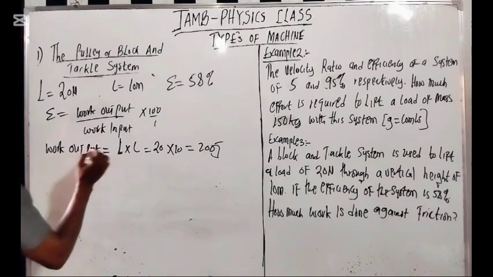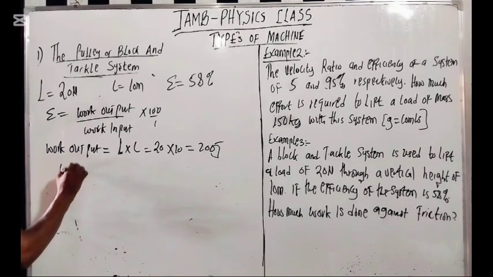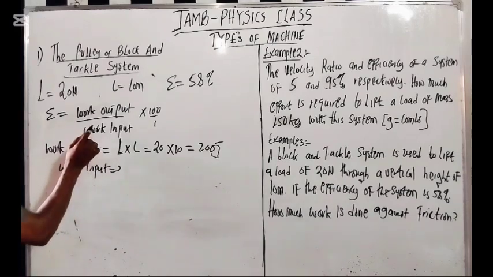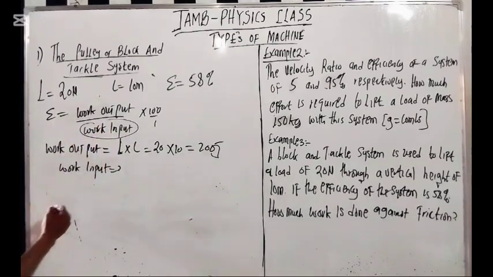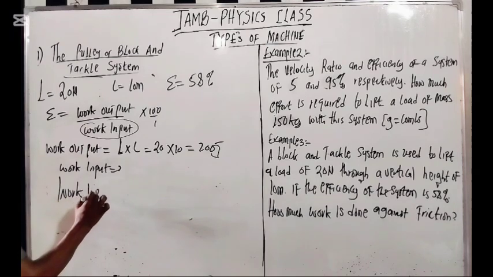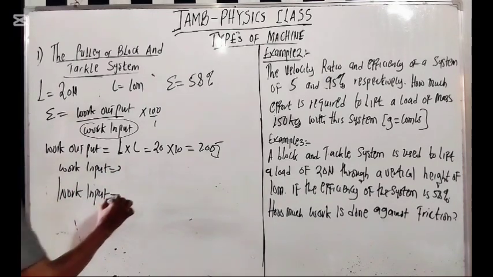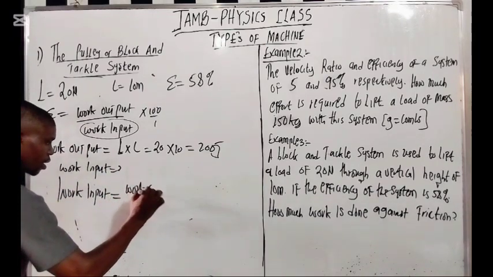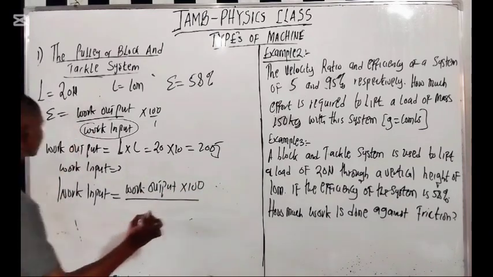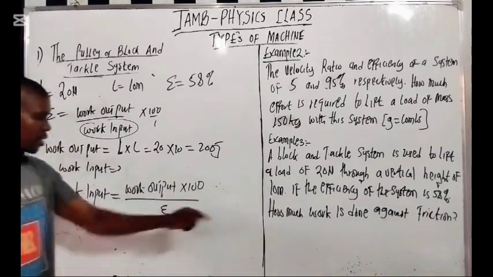Now we want to calculate work input. To make this the subject of the formula, work input equals work output times 100 over efficiency.